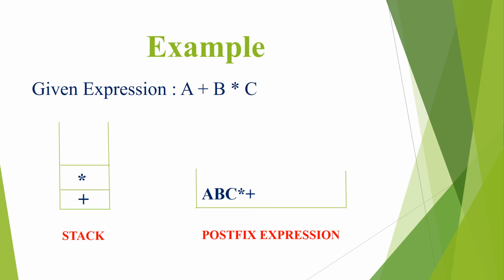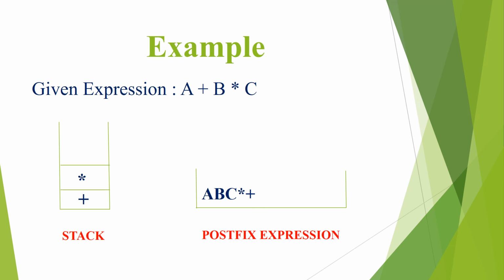Next character is b. b is an operand. So operand b is added to the postfix expression. The next character is asterisk. Asterisk is an operator, so we check whether the stack is empty or non-empty.